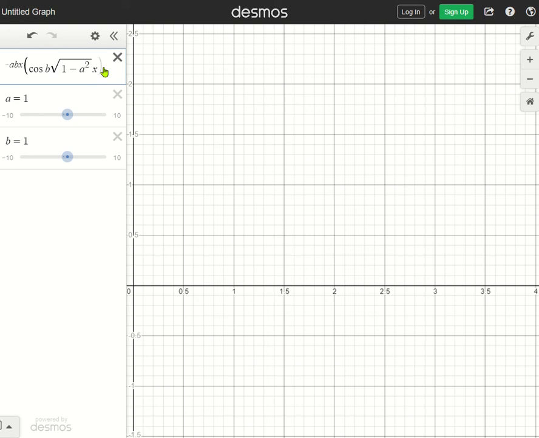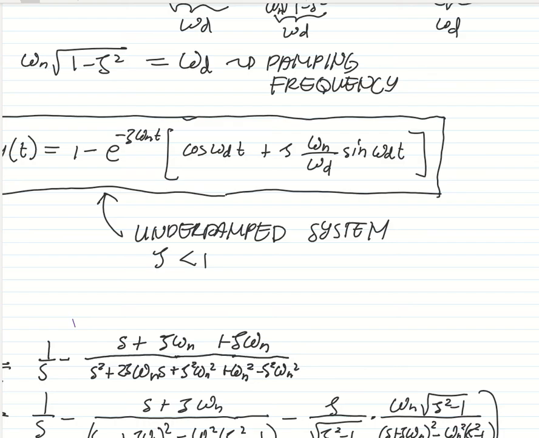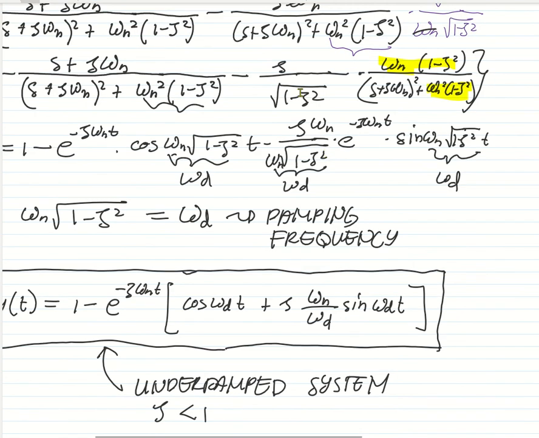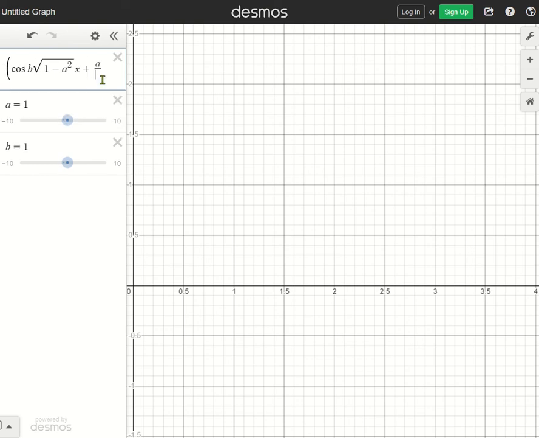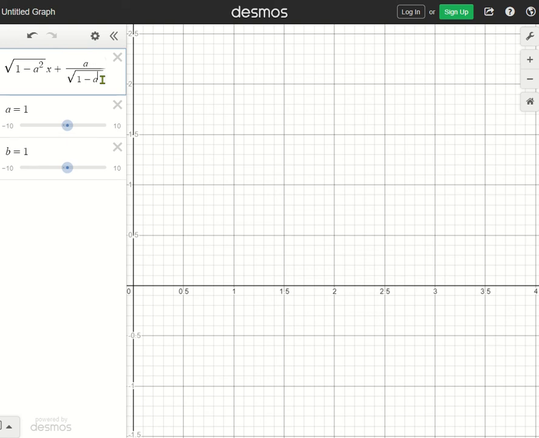Then plus, we need to add the other term, zeta times omega n over omega d, or we can directly use zeta over the square root of 1 minus zeta squared. So plus, zeta is a, divided by the square root of 1 minus a squared.